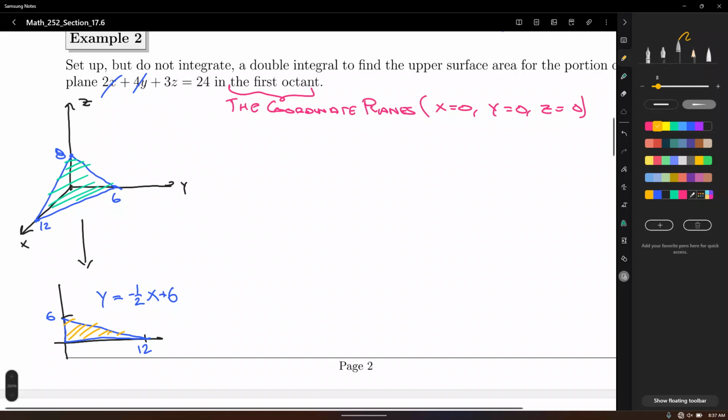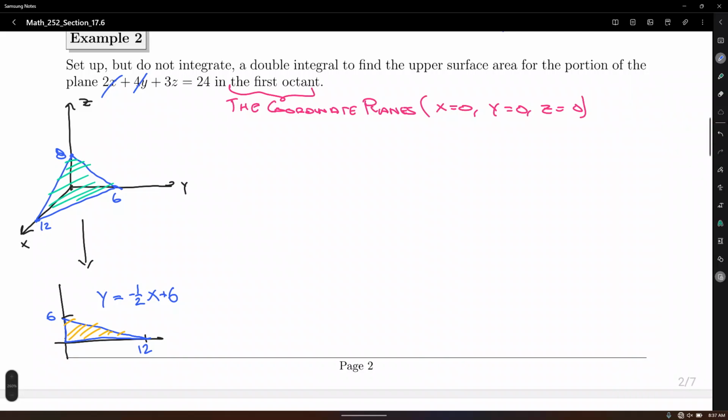I'm shading in yellow for the shadow, and in green for the area that we want to calculate. Well, to write the integral that calculates the area, we need the surface as an explicit function of x and y for the variable z.